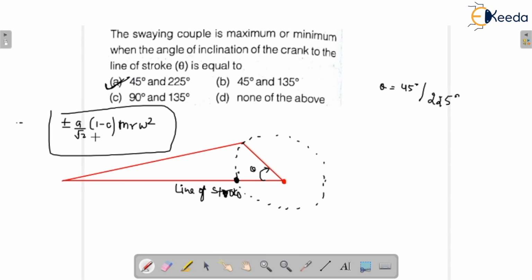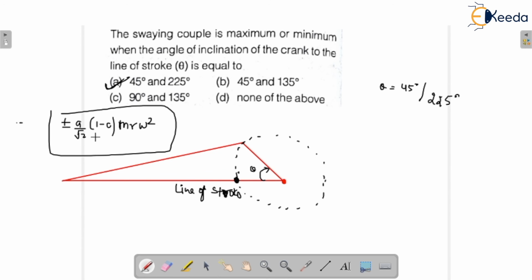You must remember the formula, because if there is a numerical question, you just have to put in the formula and you'll get the answer. There are no tough questions on the sine couple. If I ask you the variation in the tractive force, the formula is plus or minus root 2 times (1 minus c) m r omega square.